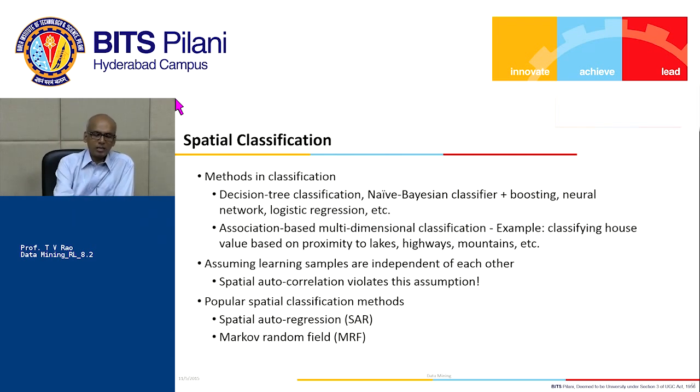So when you are doing learning, we are assuming in general that the samples are independent of each other. But then the spatial autocorrelation means that we will not be able to guarantee that they are independent unless we take extra caution with respect to how we create the samples. So essentially we are constrained with respect to what type of samples we need to use so that we can give the machine the maximum level of information to learn.